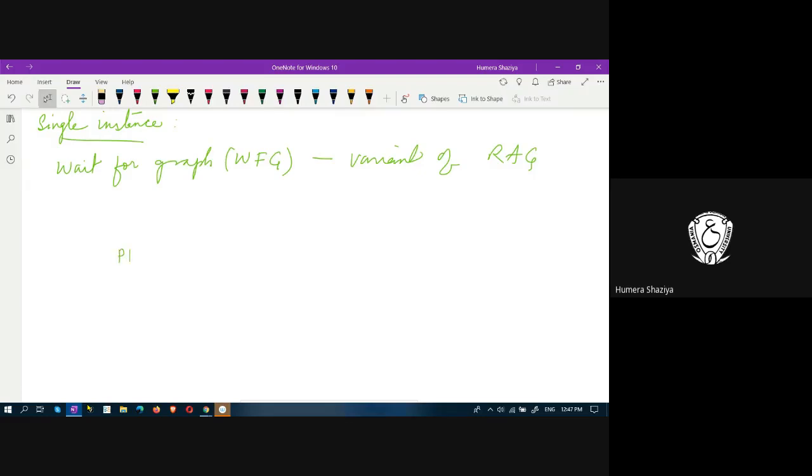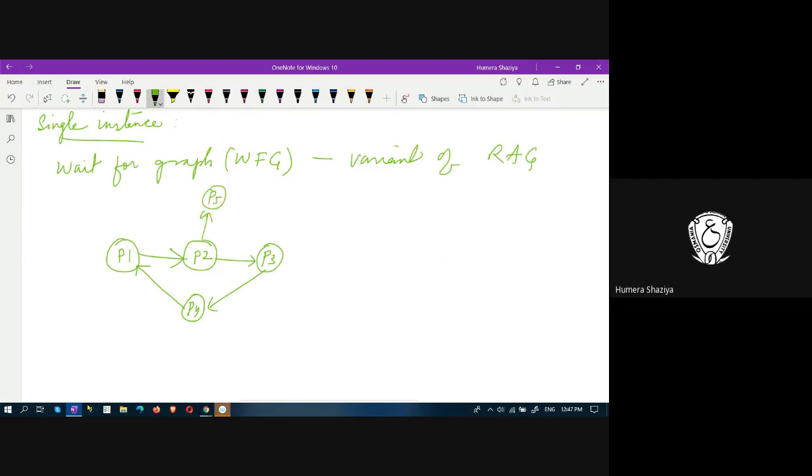So if P1 is waiting for a resource which has been held up by P2, then we write it this way: P1 is waiting for P2 to release a resource. P2 is waiting for P3 to release a resource. P3 is waiting for P4 to release a resource. P4 is waiting for P1 to release a resource. And P1 is waiting for P5 to release a resource.